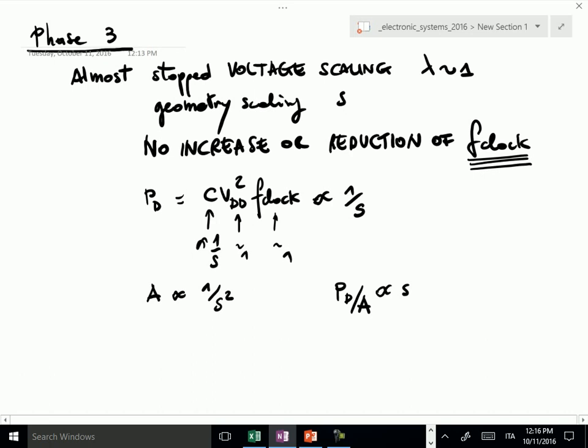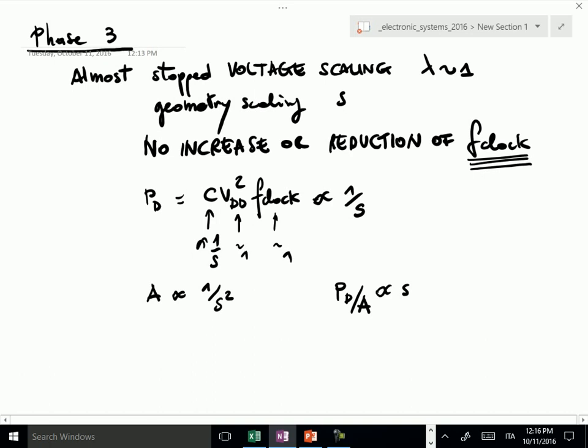So what we do in practice, this is the reason why, is we keep lambda a little bit larger than 1, and we reduce a little bit the clock frequency in order to keep the ratio of the power consumption over the area more or less constant.